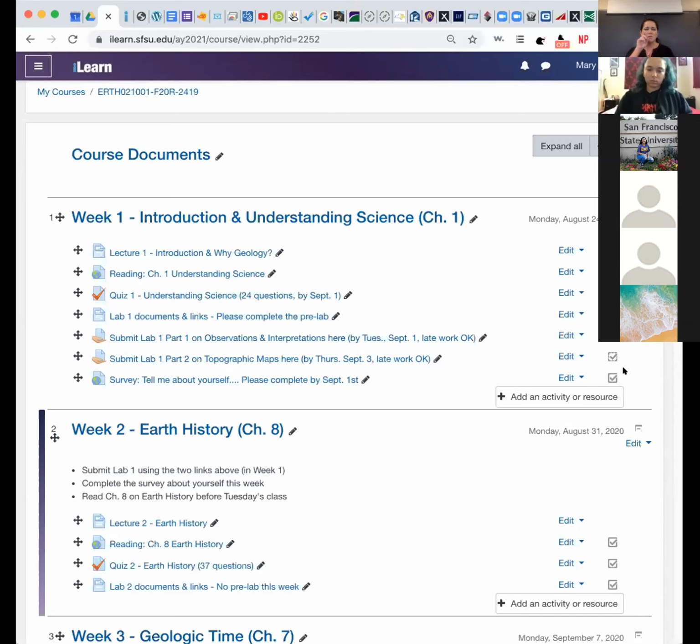Some of them I set so that you check it when it's done. Oh, okay. So maybe that was a manual checkbox. Okay, thank you. Sure. But if it does, I will go back and double check that and make sure that it's set to the right thing, because that would be a lot easier if I just set it to, I'm gonna leave myself a note, automatically click that box for you when you submit.